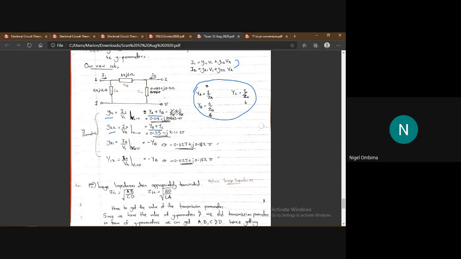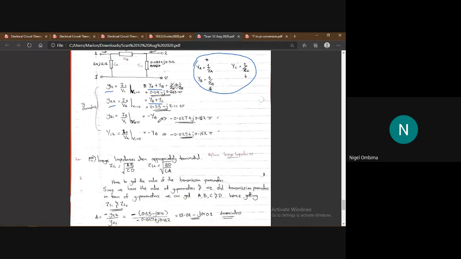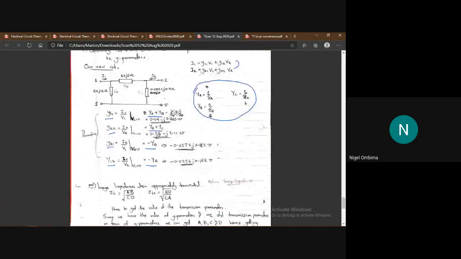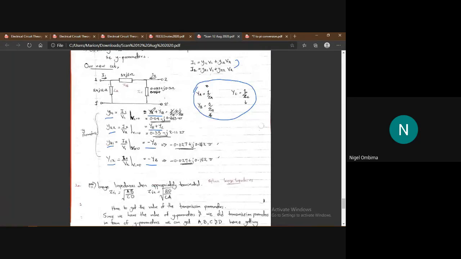The derivations of this formula, which I won't get into now, are in the book. It's pretty straightforward. Y21 is equals to negative YB, and Y12 is equals to negative YB. With these equations, we can get our short circuit admittance parameters, because we have YA and YB, and we have YB and YC, and these are the values.